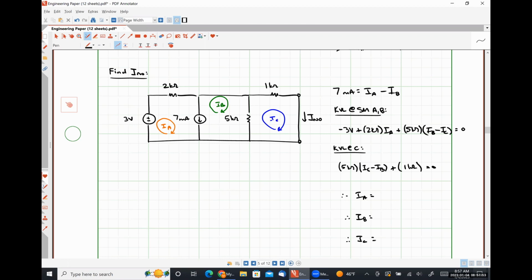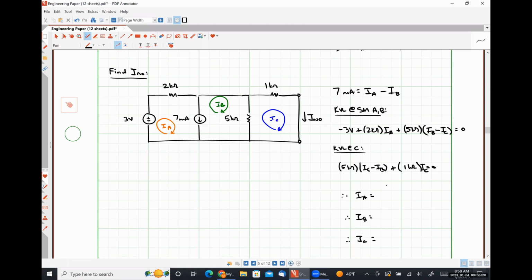In our third equation, this should have an IC right here. Our coefficient for IA is 0. Our coefficient for IB is -5000. Our coefficient for IC is 5000 plus 1000. And our constant term is 0.